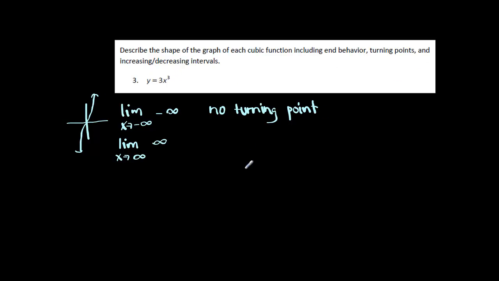For the increasing, decreasing intervals, it's constantly increasing. So for the increasing interval, you would say from negative infinity to positive infinity. It's constantly increasing. So that one's a simple one.